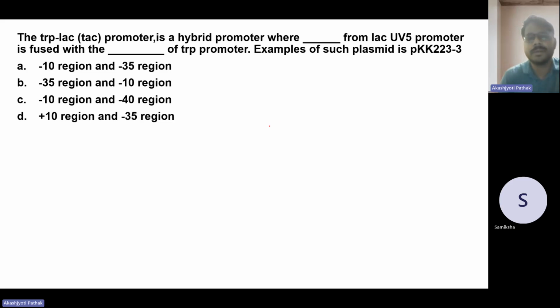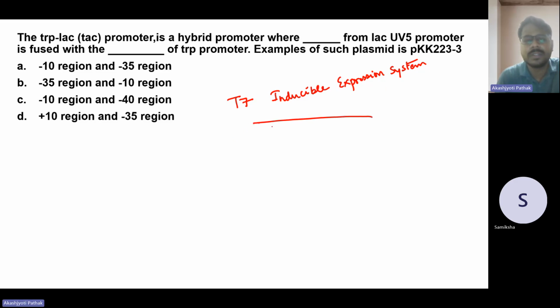Okay, so this is the T7 inducible expression system. What is done in this system is, you have your bacterial host.